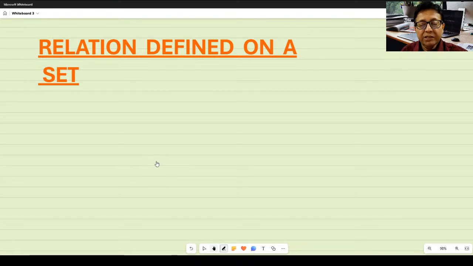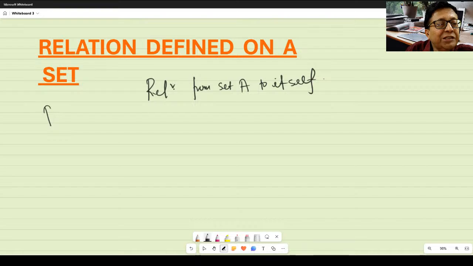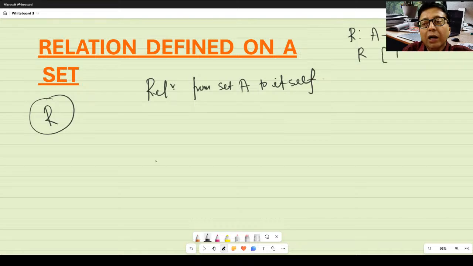Here, the relation is going to be from set A to itself. Okay? You know, a relation, if we denote this by R, if it is from A to B, then R is a subset of A cross B, isn't it?